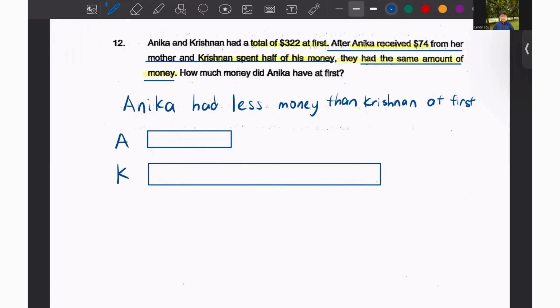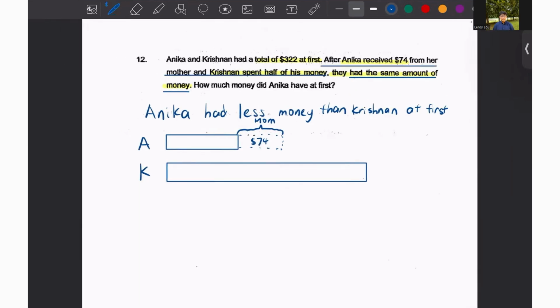Okay? But in this case, after Anika plus money, so Anika adds money, you use dotted to represent that you add money. So in this case, Anika received $74 from the mom. So you add 74. This is from the mom. Okay. And then Krishnan also spent half of his money, right?